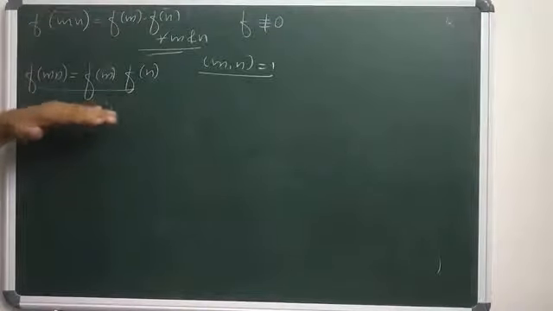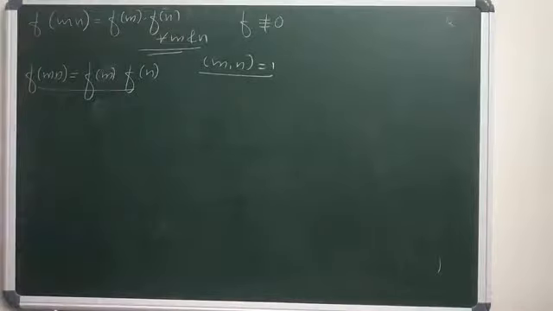An arithmetic function f is said to be multiplicative if f of mn equals f of m into f of n when m and n are relatively prime. It is said to be completely multiplicative if f of mn equals f of m into f of n is true for every m and n. So this is the definition of multiplicative and completely multiplicative functions.